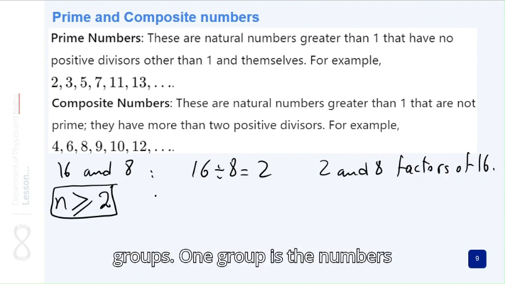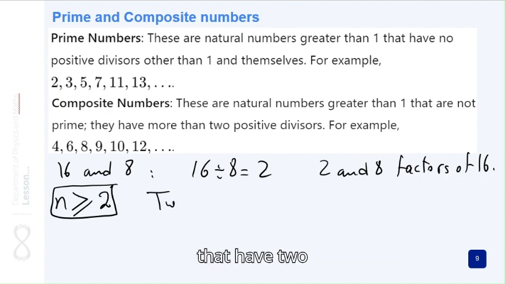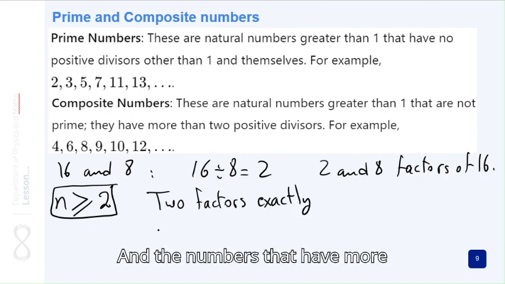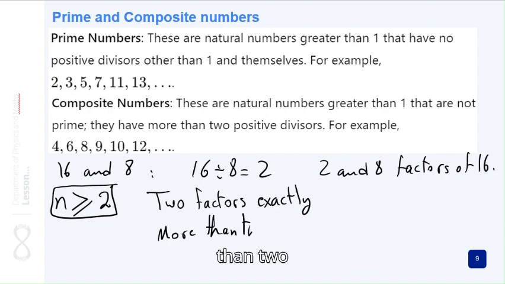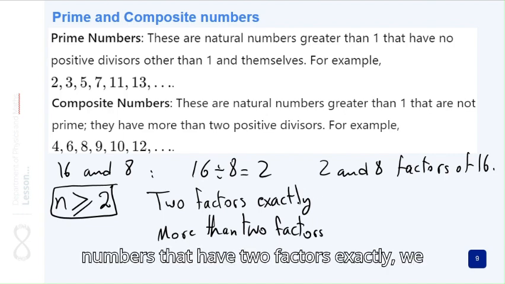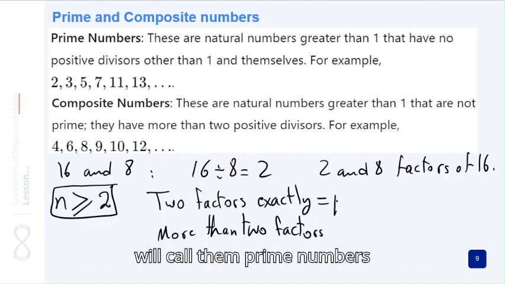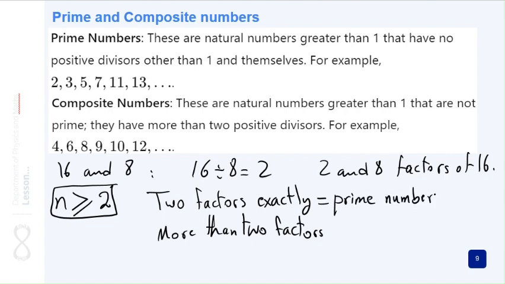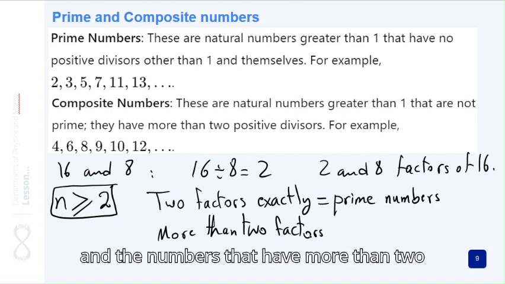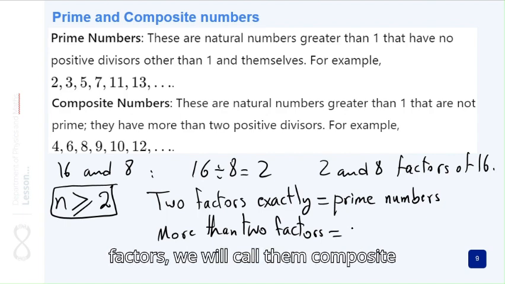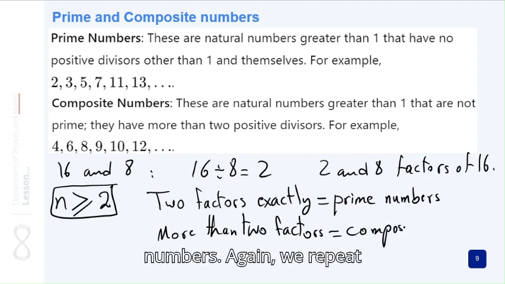One group is the numbers that have 2 factors exactly, and the numbers that have more than 2 factors. The numbers that have 2 factors exactly, we will call them prime numbers. And the numbers that have more than 2 factors, we will call them composite numbers.